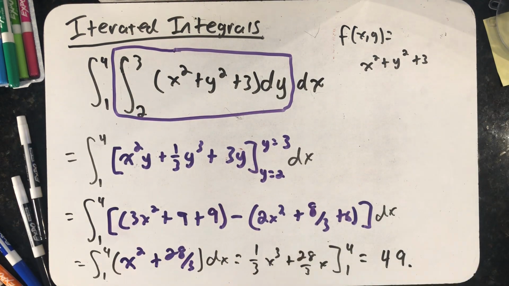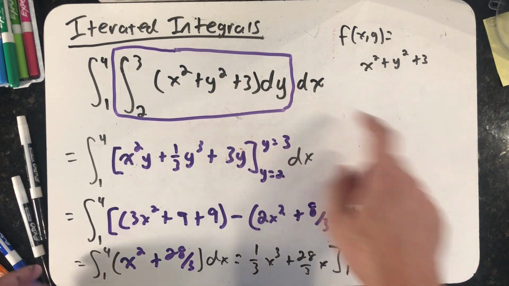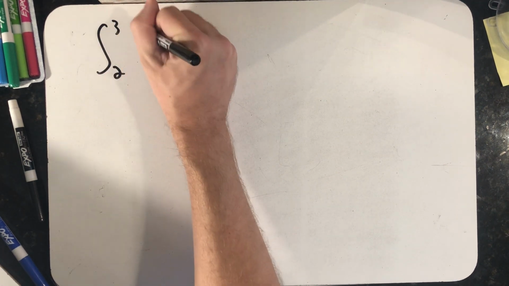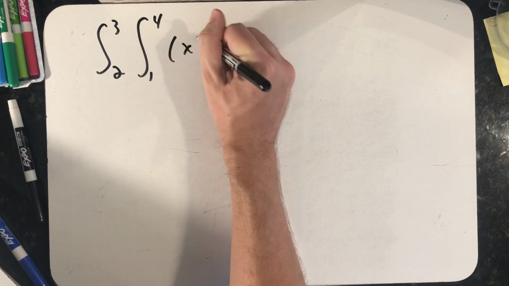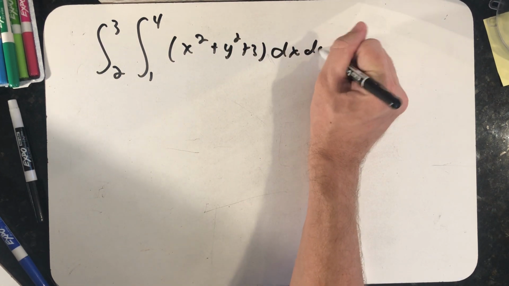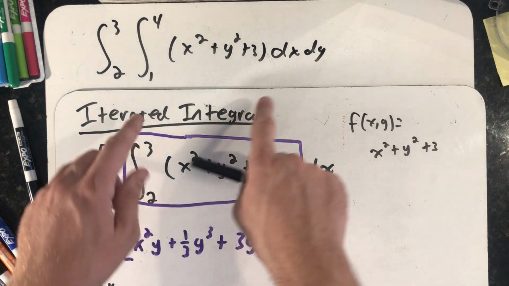One cool thing to consider: the argument I've used here was to integrate with respect to y first and then x. The same argument would hold if I swapped the order of integration. So this is the same problem I had before, but I've changed the order of integration.